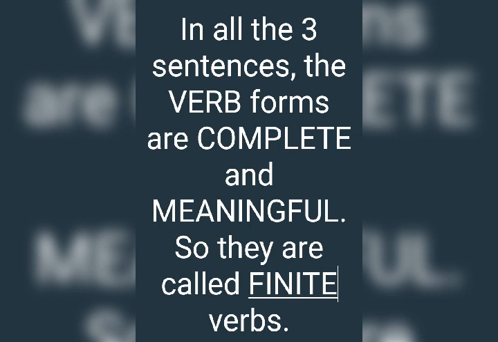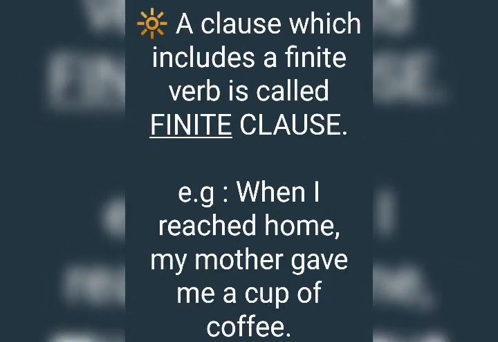The first clause has a full-fledged verb, that is a finite verb, but the clause doesn't give a complete meaning. So, it is called a subordinate clause or a dependent clause because it depends on the main clause and has no self-existence. It doesn't give a complete sense on its own.